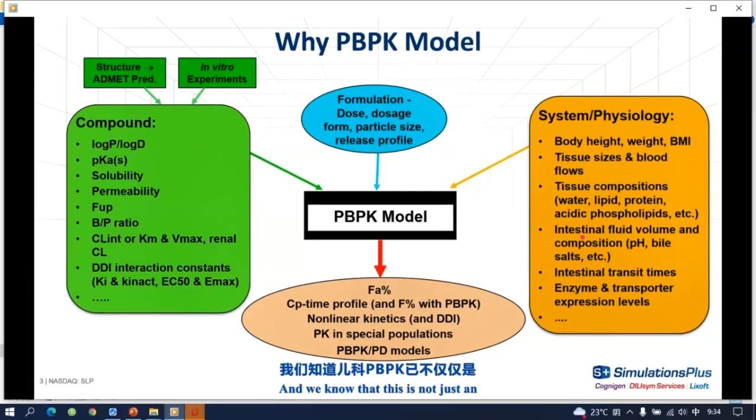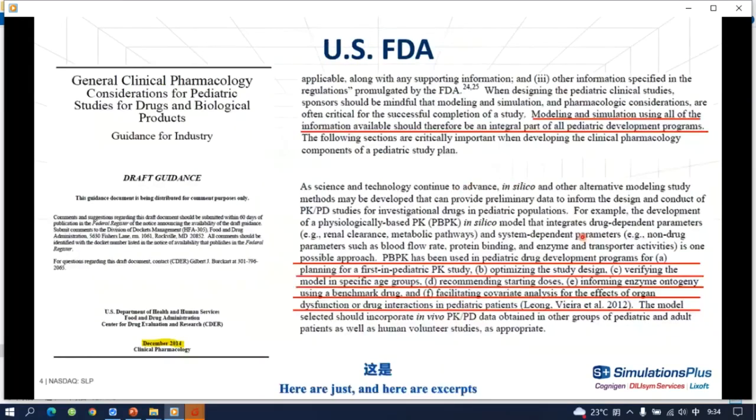And we know that this is not just an academic exercise. It does have real practical applications that have been recognized by regulatory agencies around the world. Here are excerpts from several guidances.